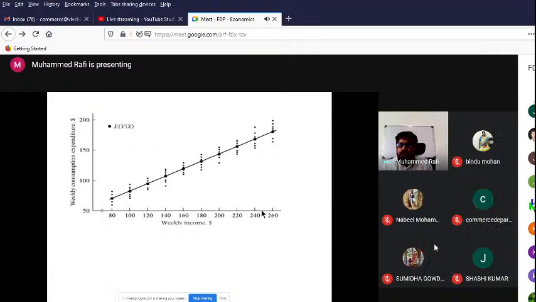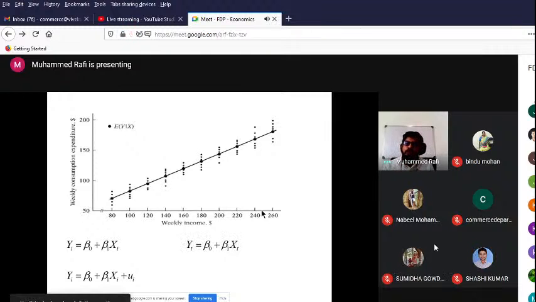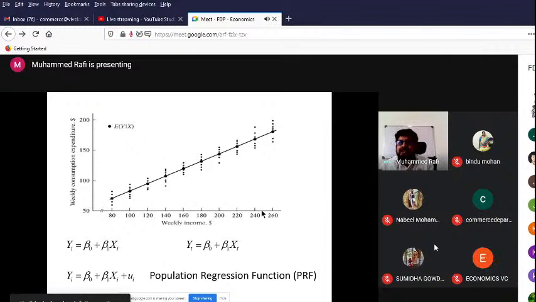Our intention is to estimate the relationship between y and x, where this is the population regression function we would like to estimate. We are trying to find out the values of beta 0 and beta 1 from the whole population. But in this hypothetical example we have data from the whole population, and that will not always be the case. Usually we don't have data for the whole population.